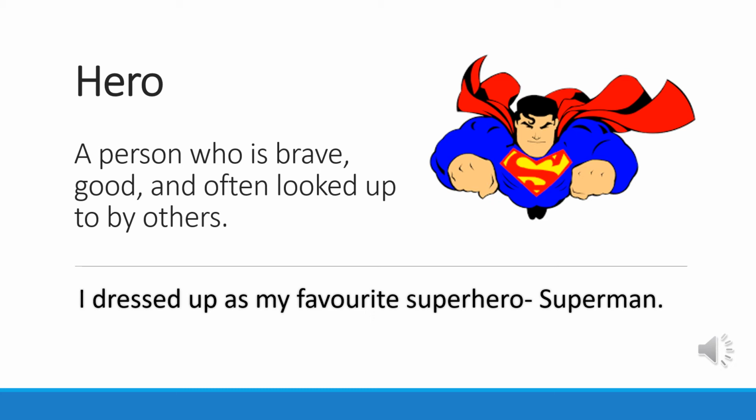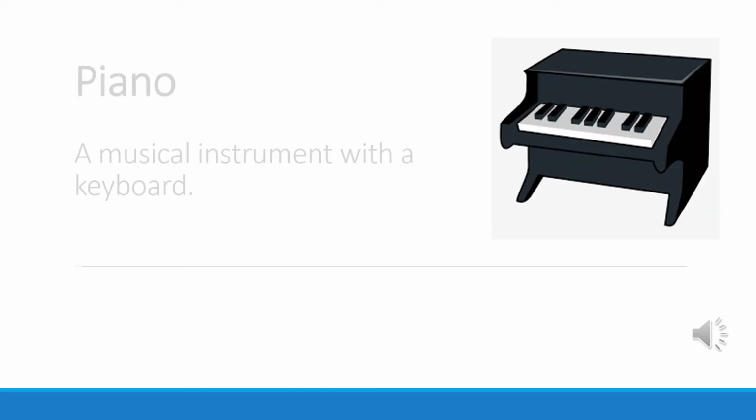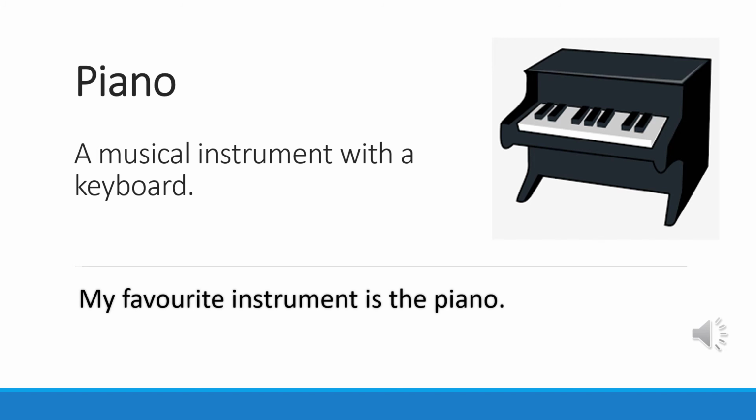Our sentence would be, I dressed up as my favorite superhero, Superman. Piano. A musical instrument with a keyboard. Our sentence would be, my favorite instrument is the piano.